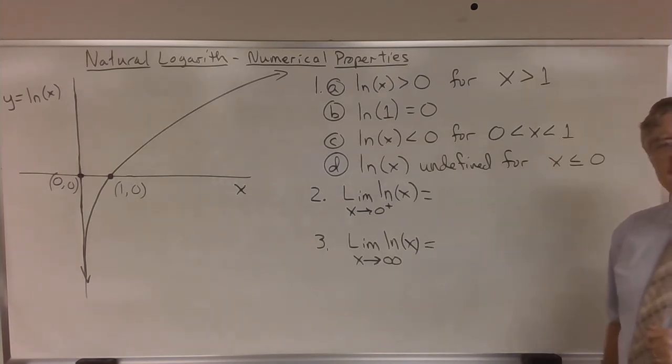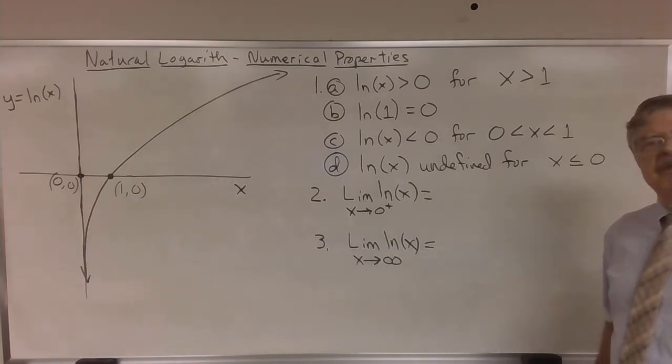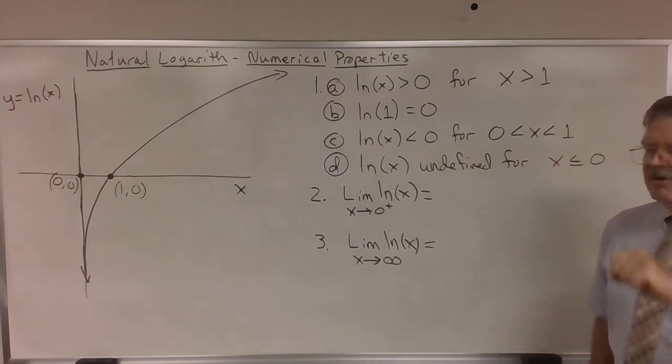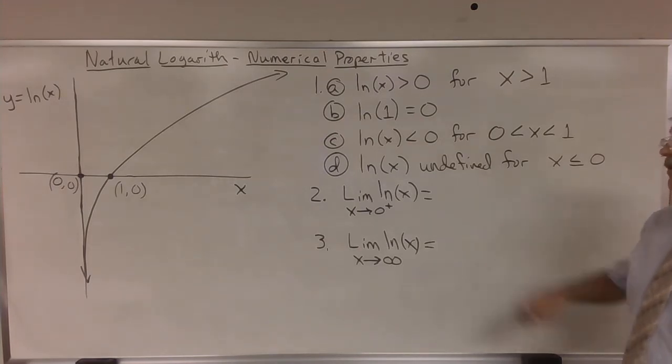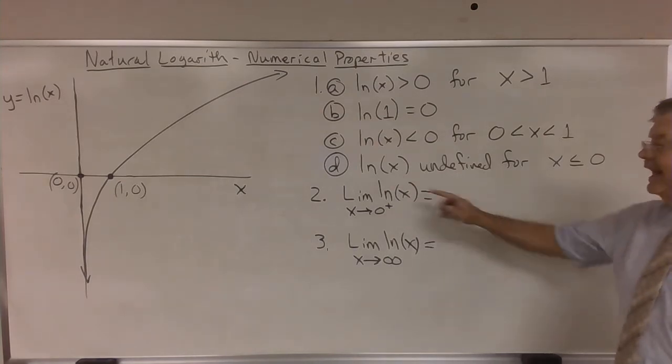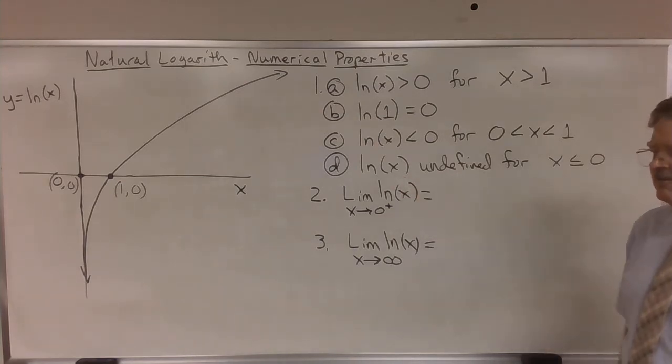The entire Earth and even this whole solar system and the sun will get sucked into a giant black hole and will never be heard from again. That'll be the end of all life on Earth and the end of all planets and stars surrounding us. So don't ever plug 0 into a natural logarithm function. Don't plug a negative number into a natural logarithm function. Bad things will happen.